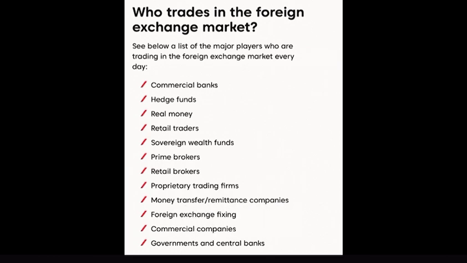Banks, when you go and make a deposit of your money at a bank, what do banks do? They take your money when they close their services for the day. They have people that take your money, they go to the foreign exchange market, which is the Forex market, and then they start trading your money to multiply it and get profits. This is why when you go to your account, the money has increased from, let's say you put $10,000, it has increased to $10,100, or maybe $10,050 or so.